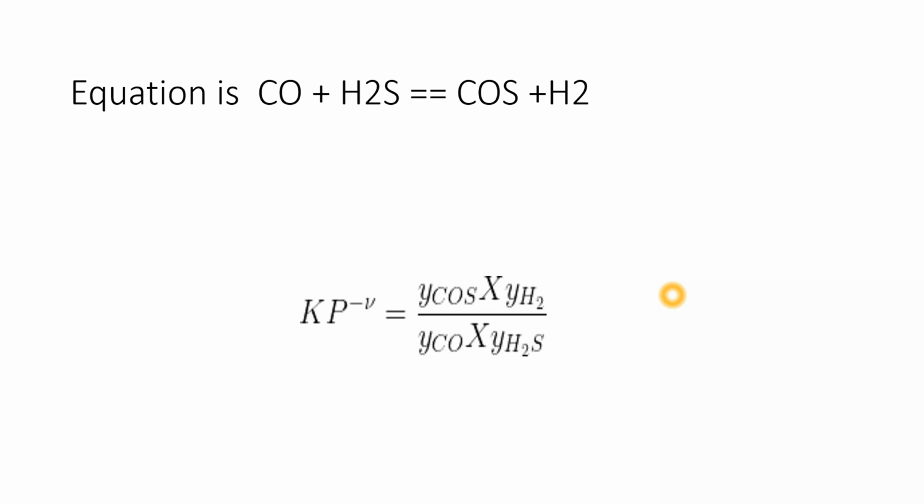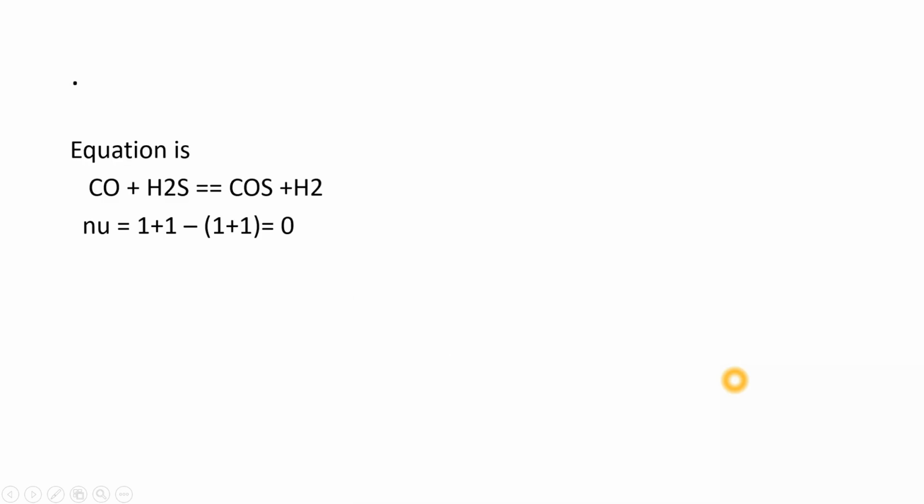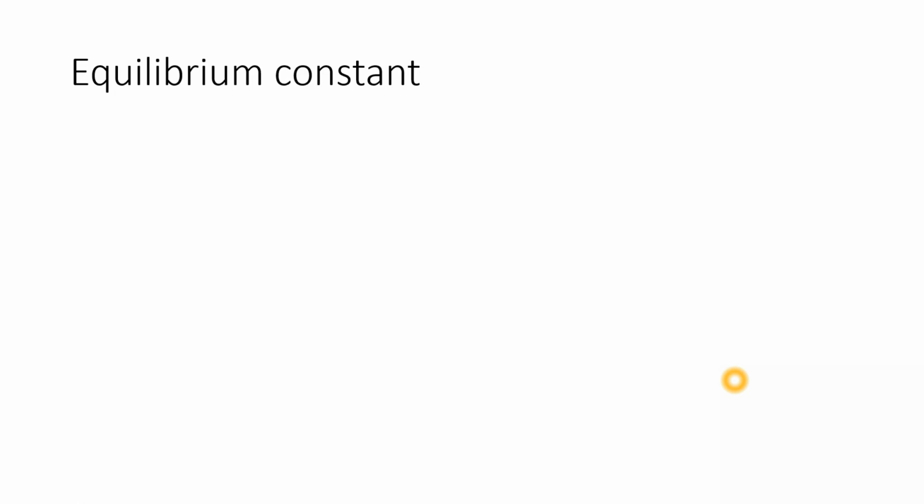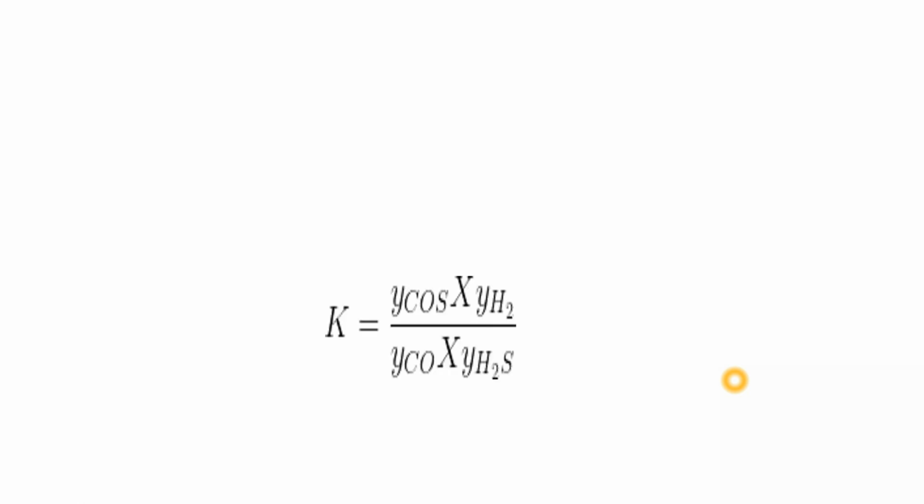If you take this, then you get P from outside, and you can take P to the left side, K is equal to P to the power minus nu, and nu will be 0, so we can put nu. Okay? Now the equilibrium constant is K is equal to yCOS into yH2 upon yCO into yH2S.